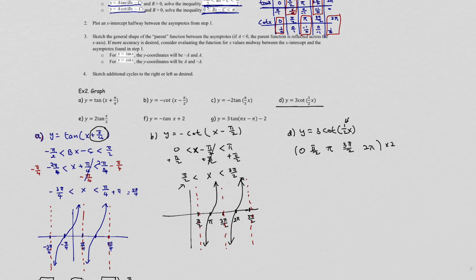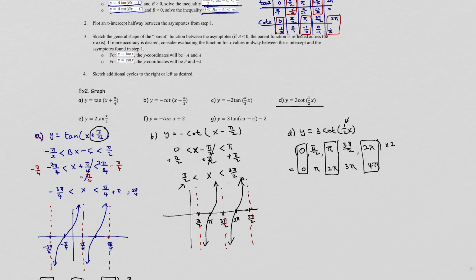If you multiply these 5 points by 2, you will end up getting 0, pi, 2 pi, 3 pi, and 4 pi. And remember, the same vertical asymptote locations will be the vertical asymptotes.